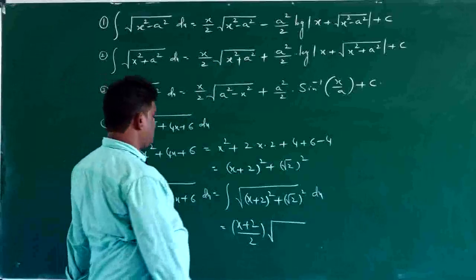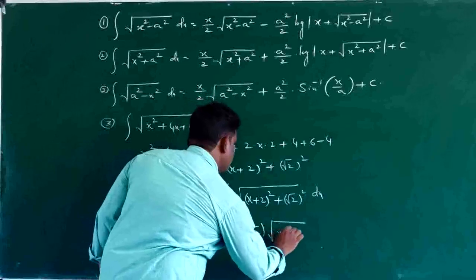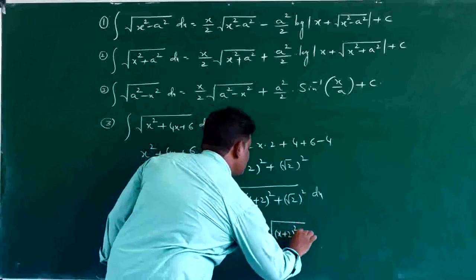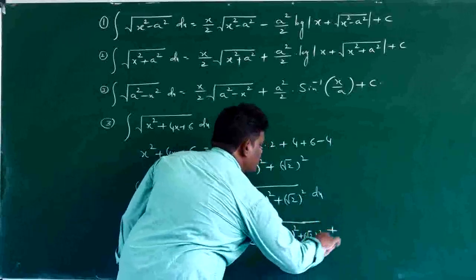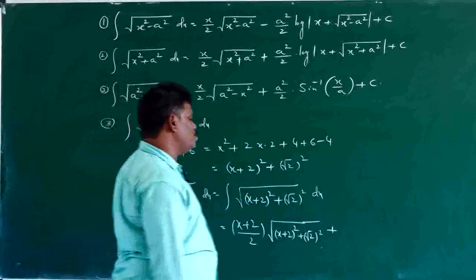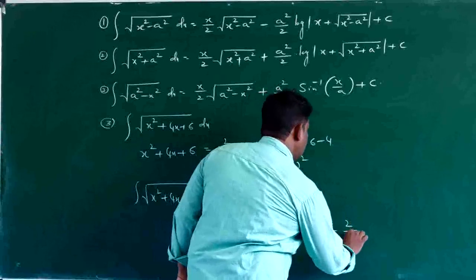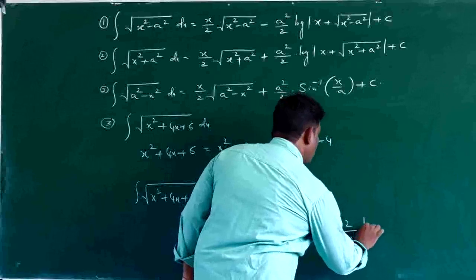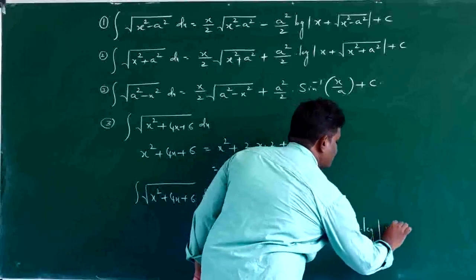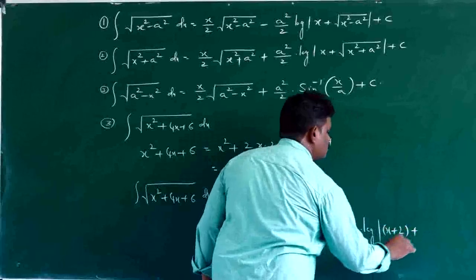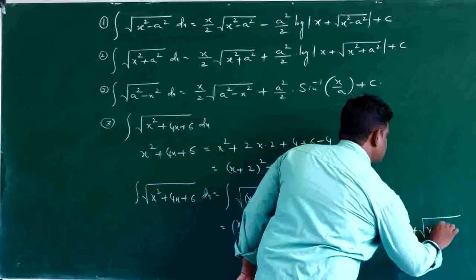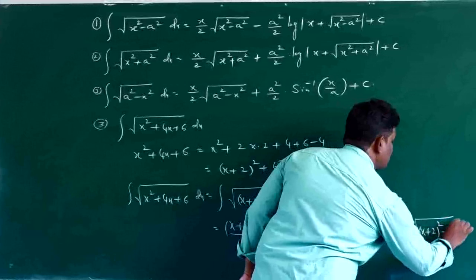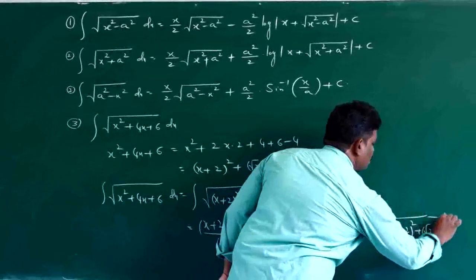Here x square plus a square means (x plus 2) whole square plus (root 2) whole square, plus a square by 2, where a square is 2, so 2 by 2 into log of x plus 2 plus square root of (x plus 2) whole square plus (root 2) whole square, plus c.